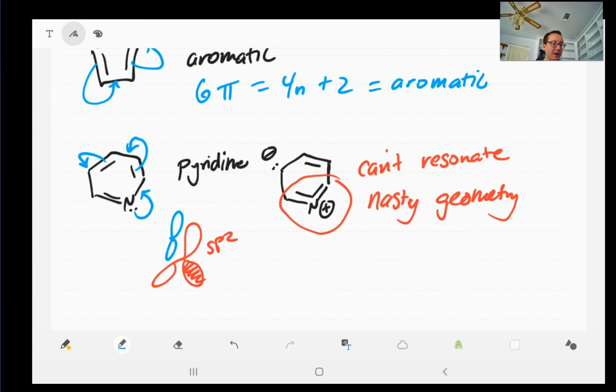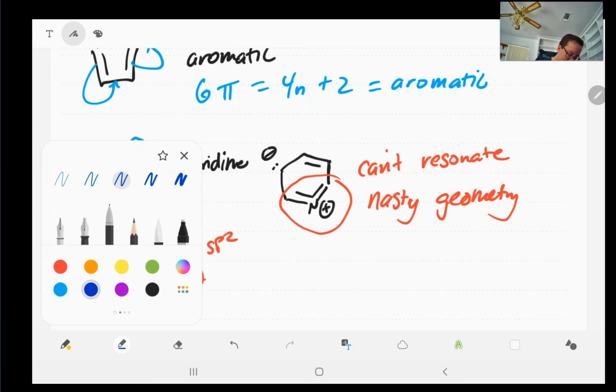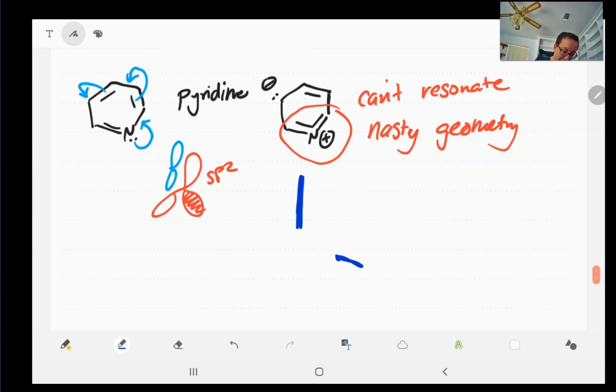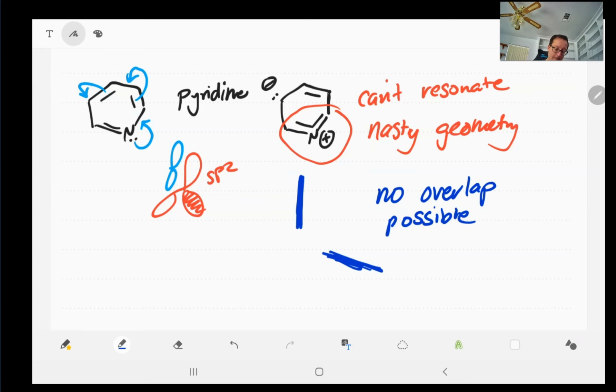There's absolutely no way those can interact together. So imagine we've got this thing here, and then this thing here. We need them to overlap. How are they going to overlap? There's no way. So we can't overlap them, and so we can't resonate this in.